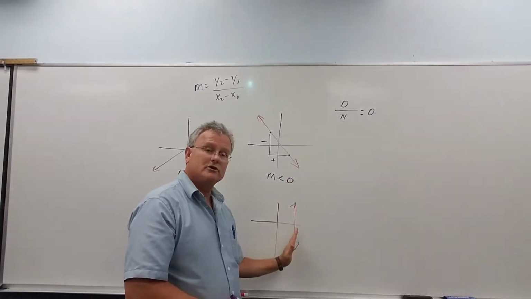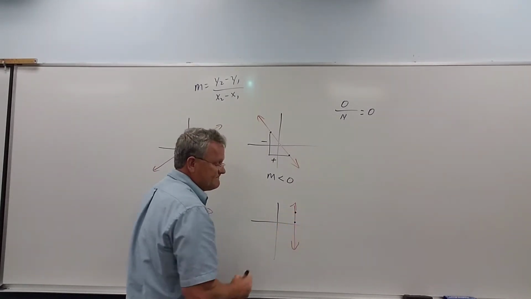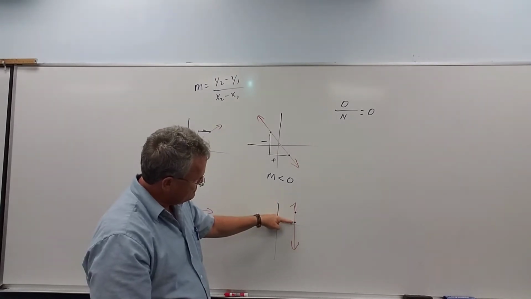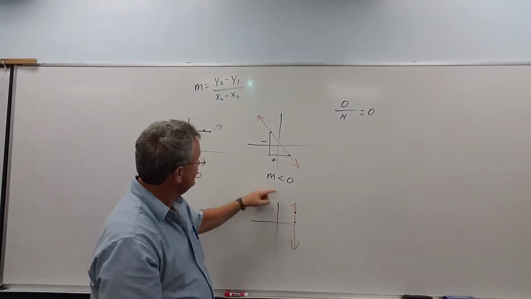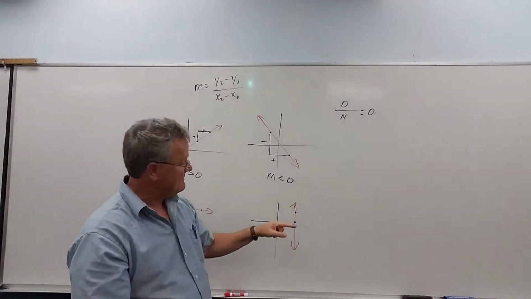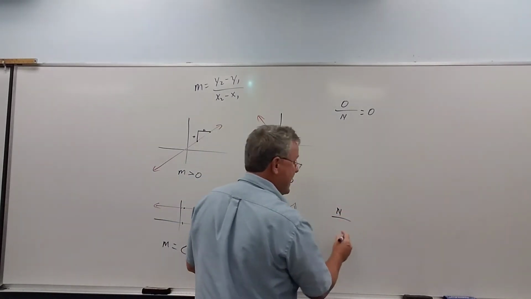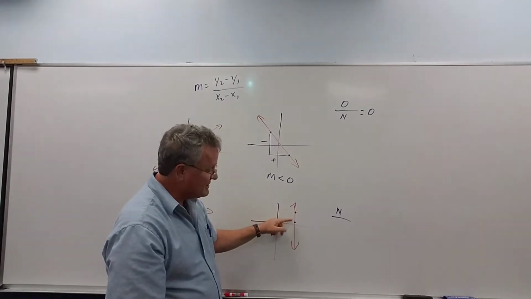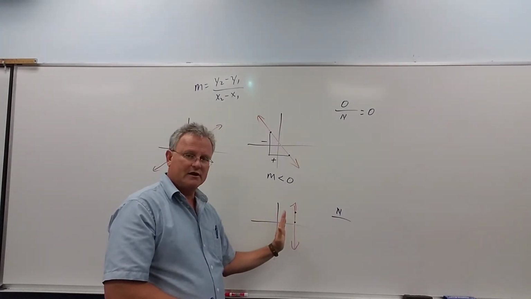What about a vertical line? Well, pick any 2 points on the line. To go from this point to this point, I go down, but notice I'm not going over at all. I just go down. So the change in y is some number n, divided by the change in x. X doesn't change. We just go down. We don't move left and right at all.